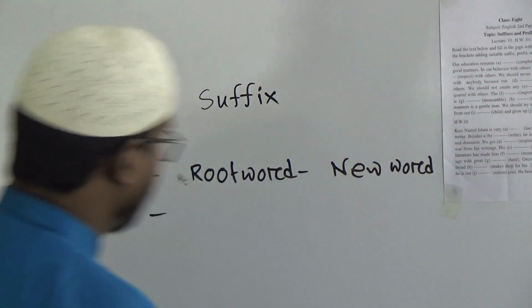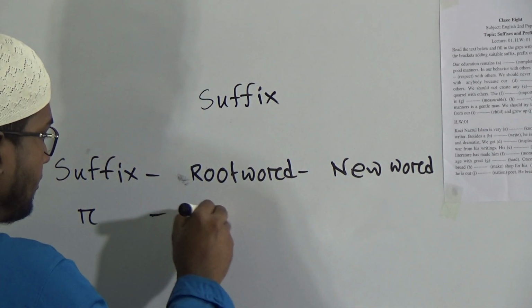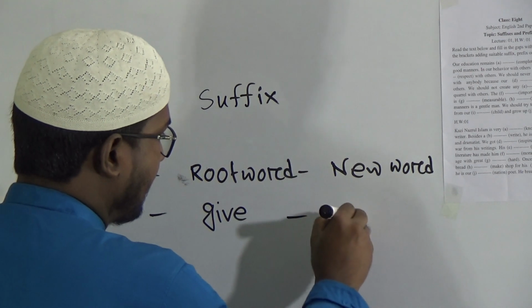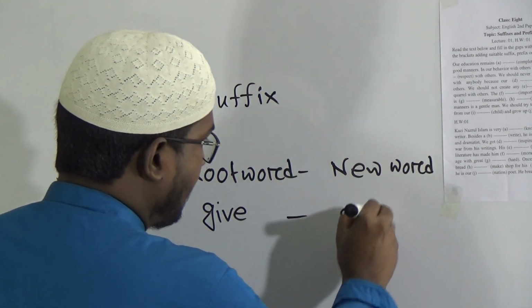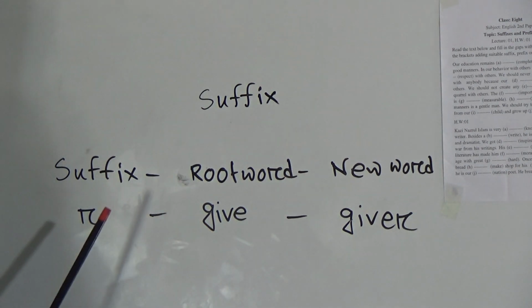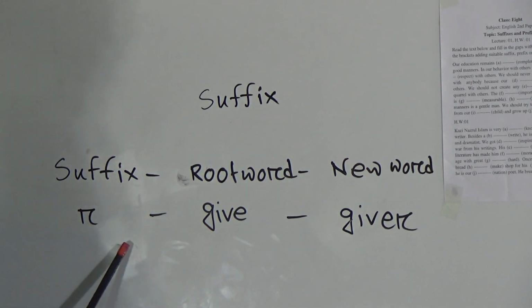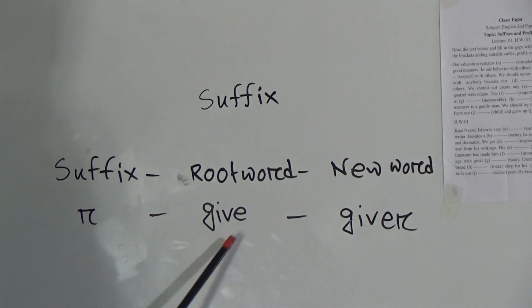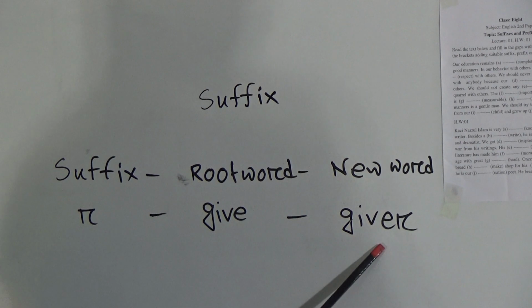If we add it to give, then the new word will be giver. This is the new word. So look at an example of R. Suffix, then root word is give, and I have added R here, it will be giver.